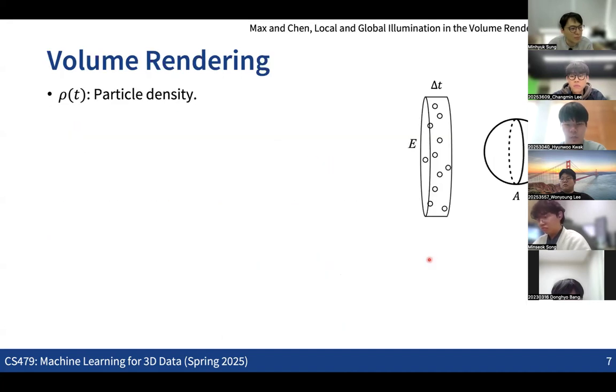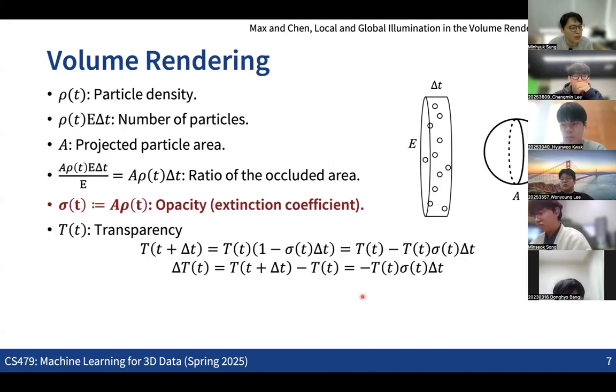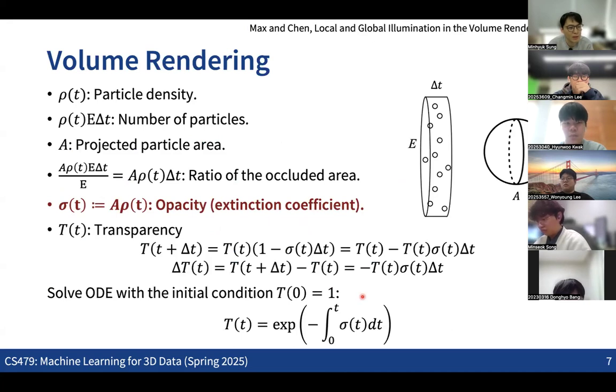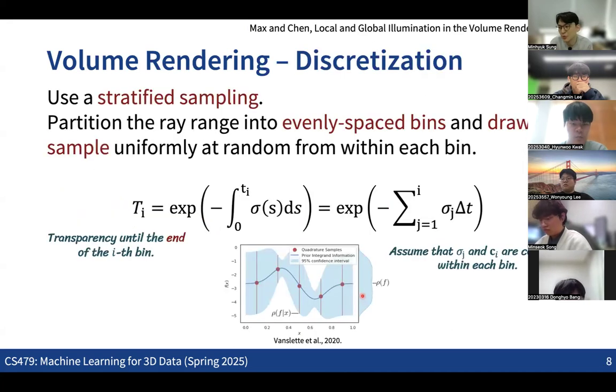In terms of implementation, obviously we are going to do some sampling. We're going to do a discretization, approximating the integral formulation. The basic approach is stratified sampling, which is nothing but dividing the time domain of the ray into uniform intervals.